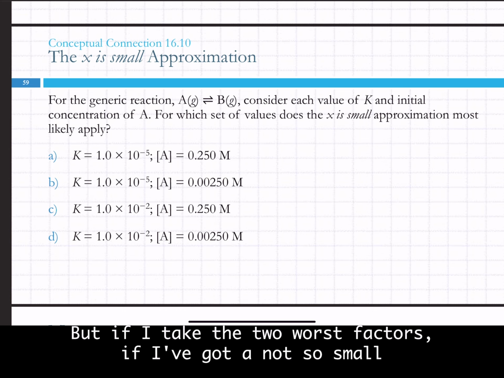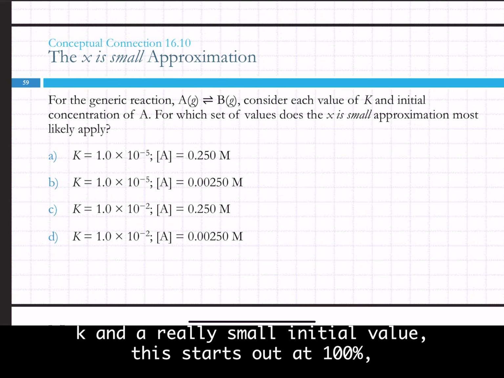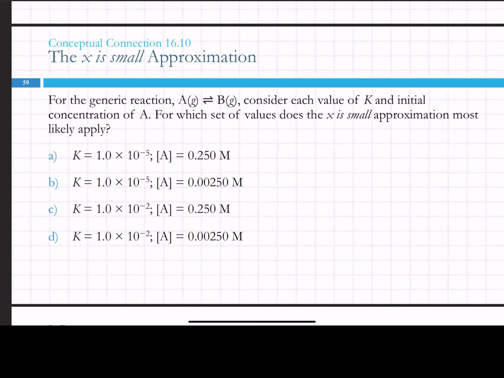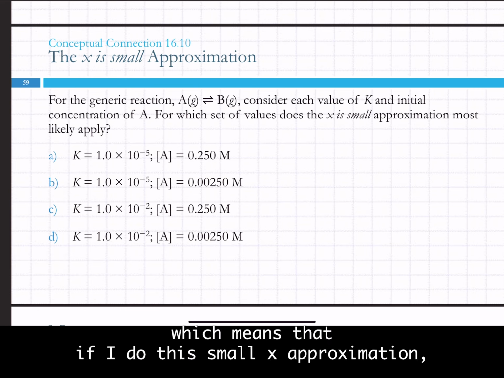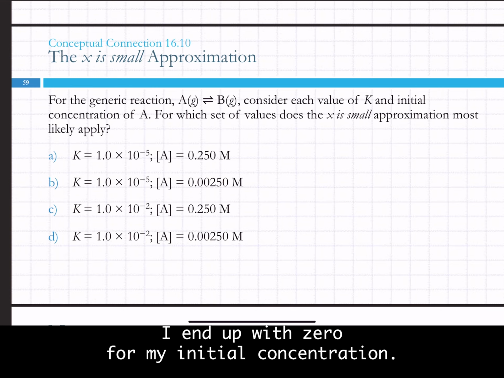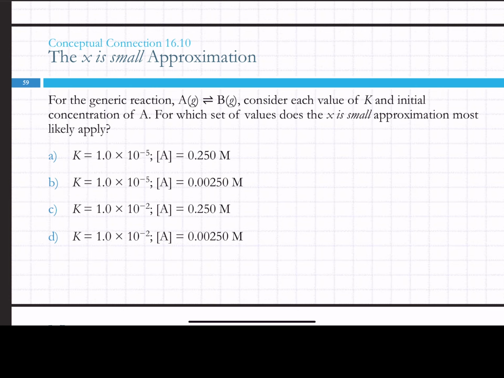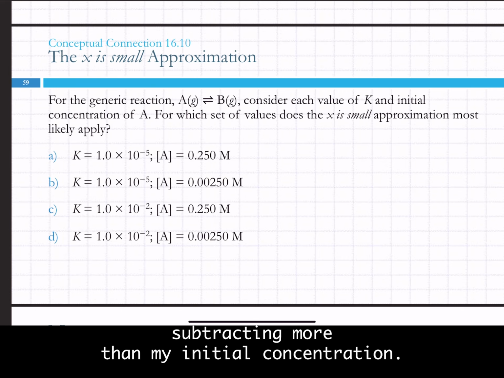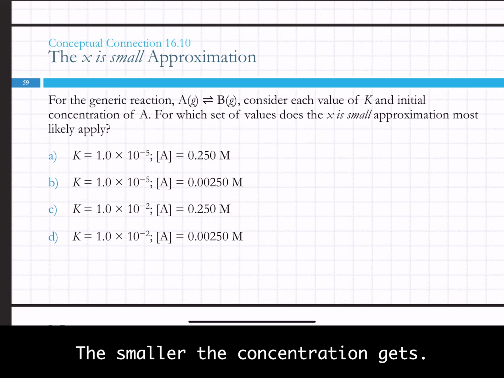If I take the two worst factors, a not so small K and a really small initial value, this starts out at 100%, which means that if I do this small x approximation, I end up with 0 for my initial concentration, and then I end up subtracting more than my initial concentration.